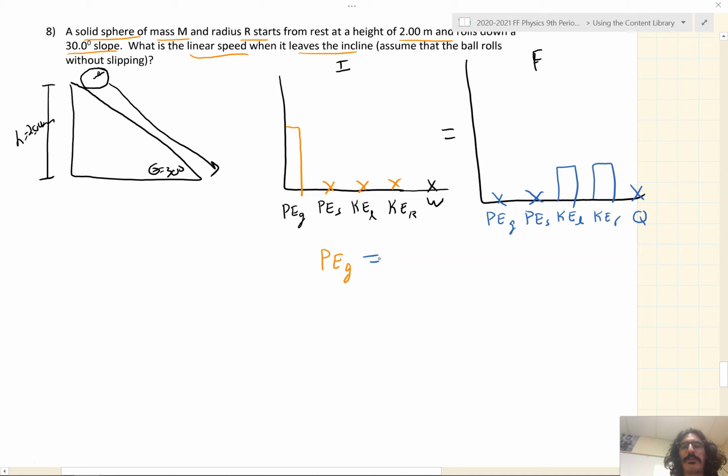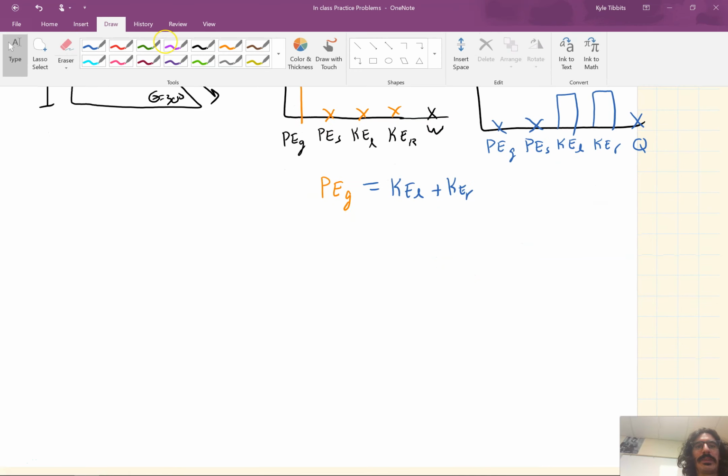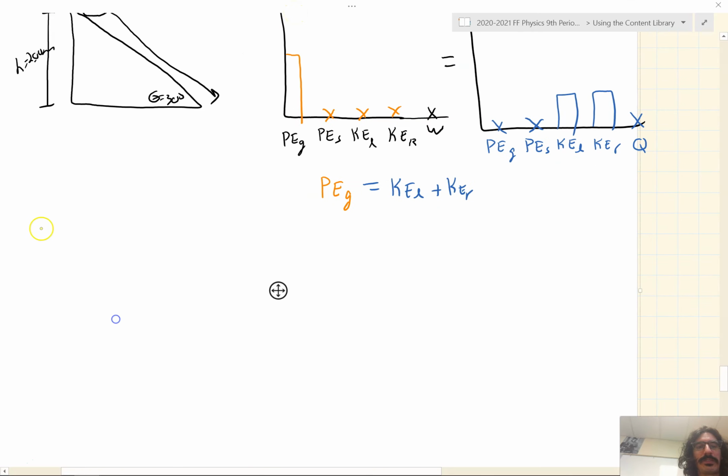So for our formula, we have gravitational potential energy initially is equal to KE linear plus KE rotational. Let's expand that formula out. mgh for gravitational potential energy equals 1/2 mv squared for linear kinetic energy plus 1/2 I omega squared for rotational kinetic energy.